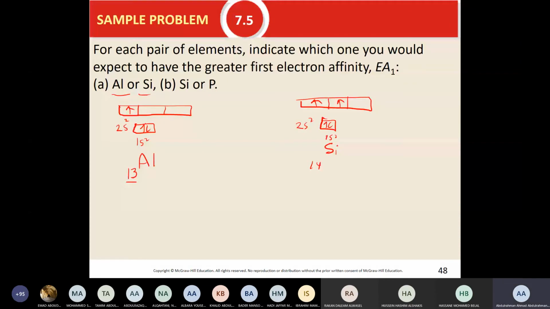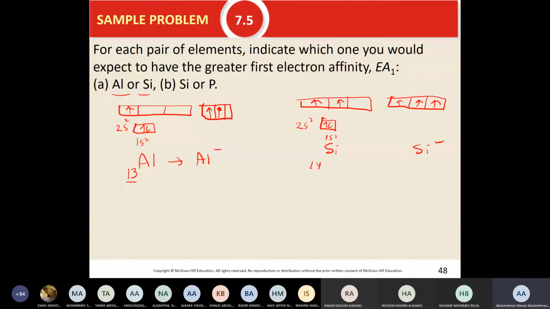which is easier: to add an electron to make aluminum minus, which will have 1, 2, or to add it to silicon, which will have 1, 2, and 3?